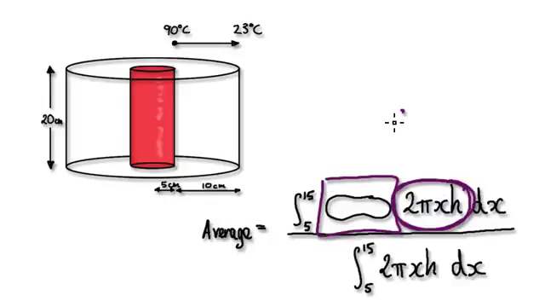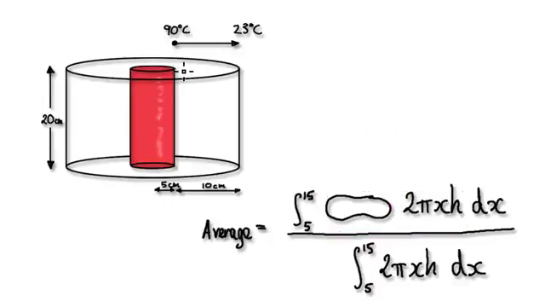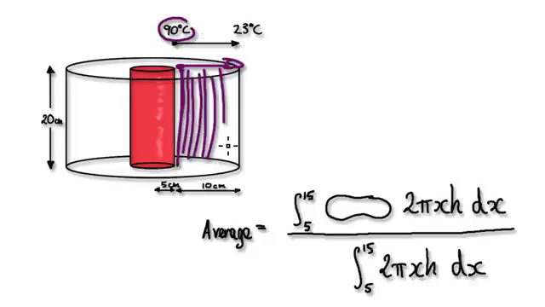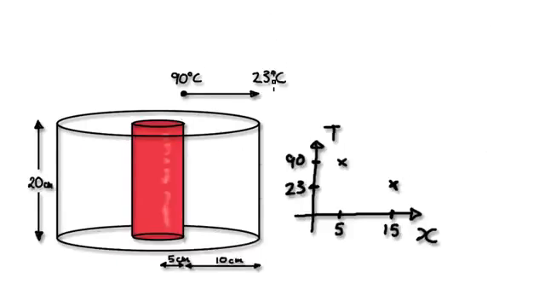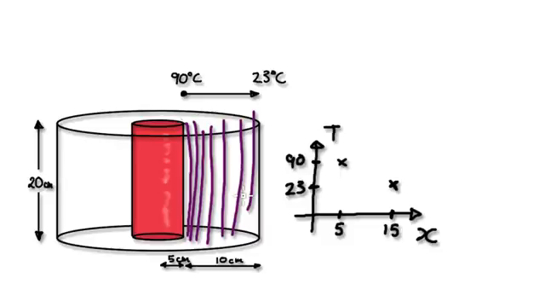So now we need to take care of the temperature. Remember, the temperature is moving in the x direction here. As you move along in the x direction, the temperature will get cooler and cooler, so we need to model that. Remember, we're summing up all the cylinders, so we are moving in the x direction.